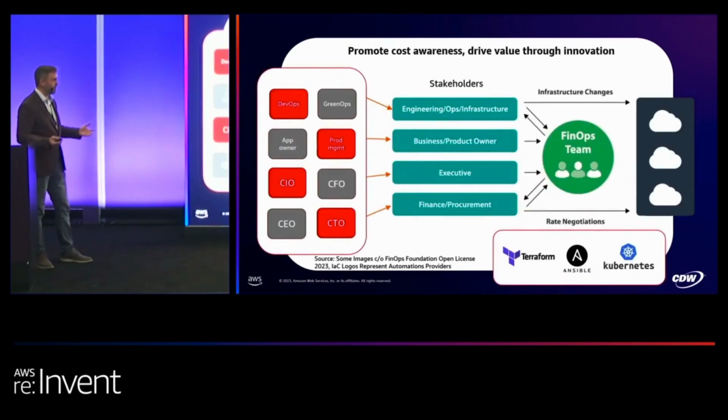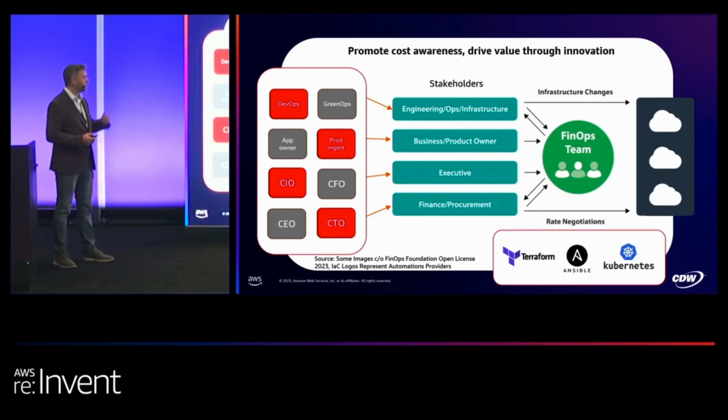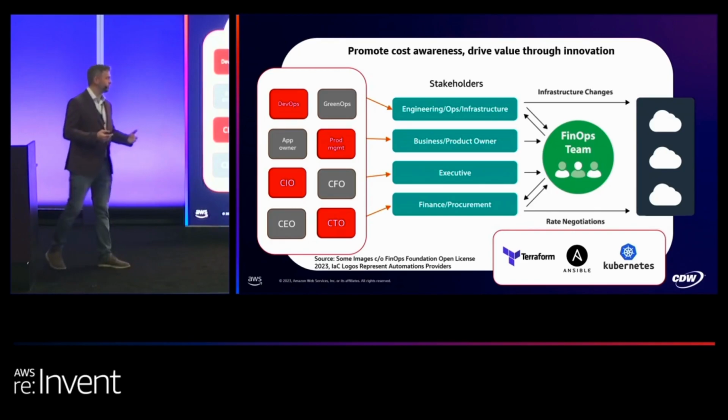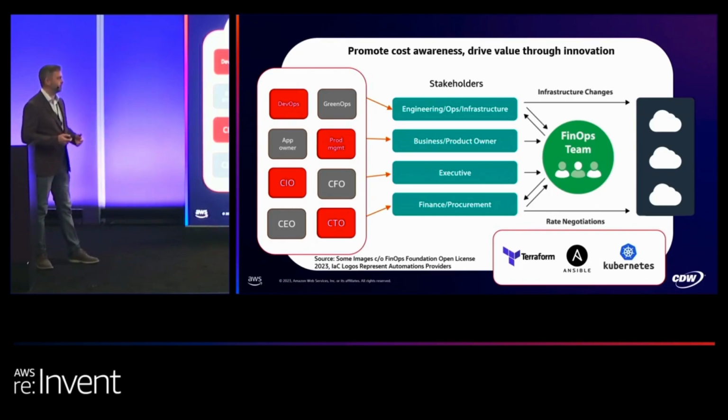And then as you go through all of these use cases, all these scenarios, it's important to understand the personas across your organization, the stakeholders across the cloud within your organization. Assembling a FinOps team could be an internal team. Maybe you're leaning on an external partner. But the important thing is to leverage all your successes, share all your successes, and to get all the cloud stakeholders aligned with how important it is to unlock this value.